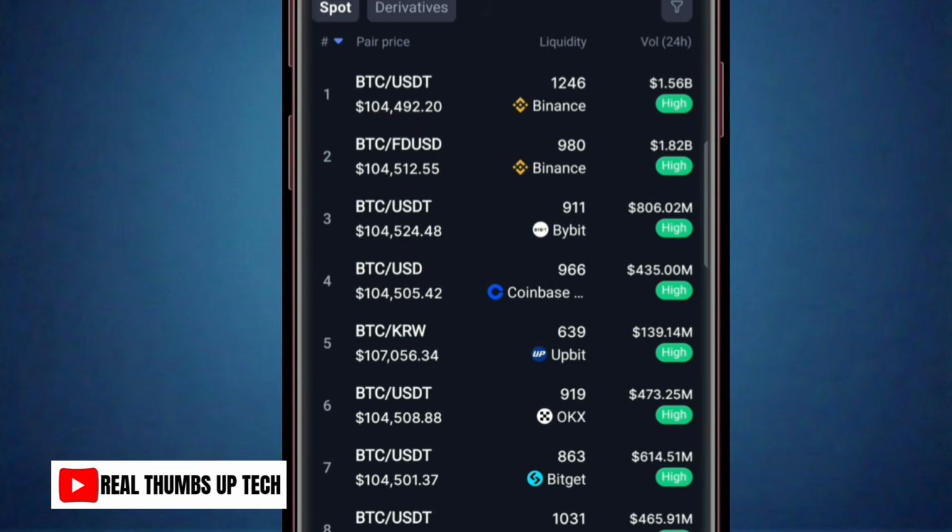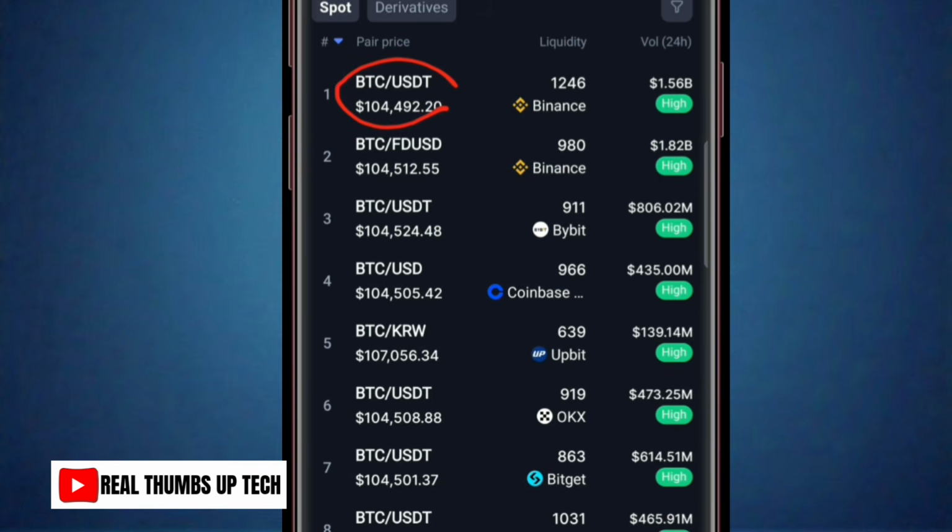Focus on only BTC USDT, okay? So that you will get the actual price of the particular pair on one exchange and the actual price on another exchange. Looking at other pairs might actually confuse you. So you need to be focused here, all right? You can decide to work with any pair of your choice available here.